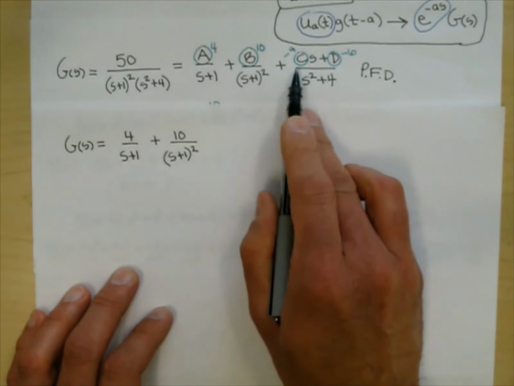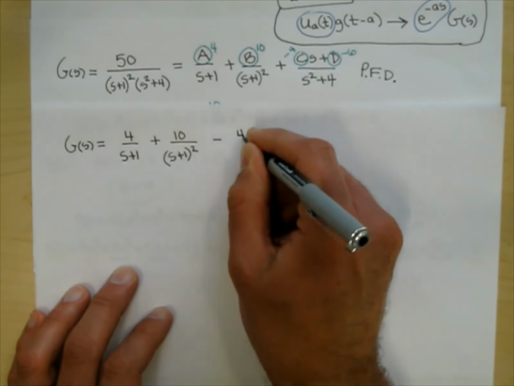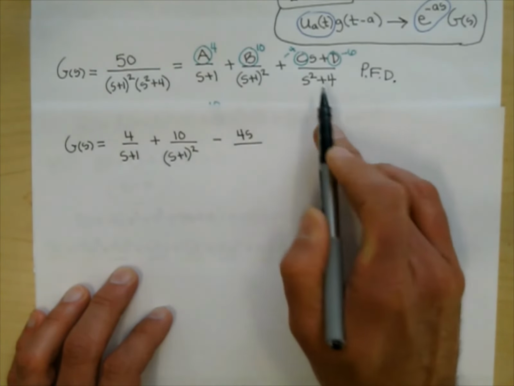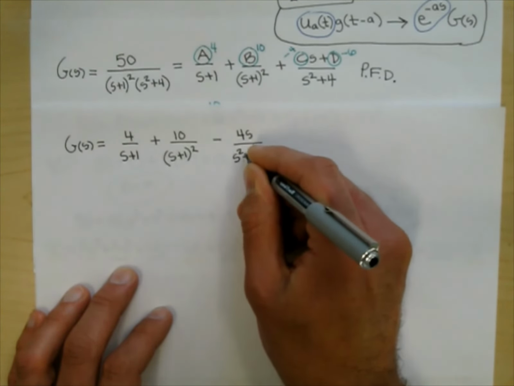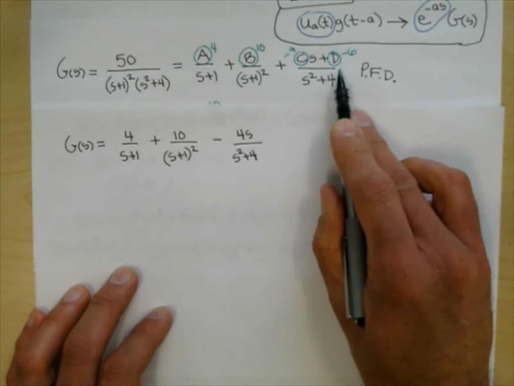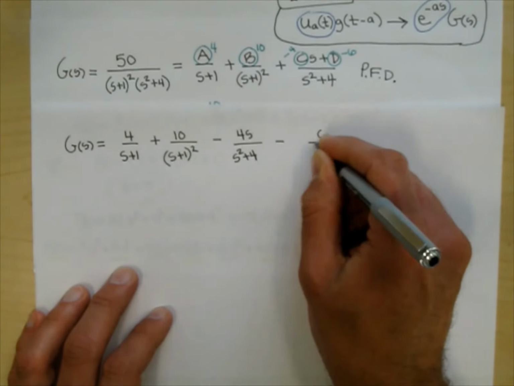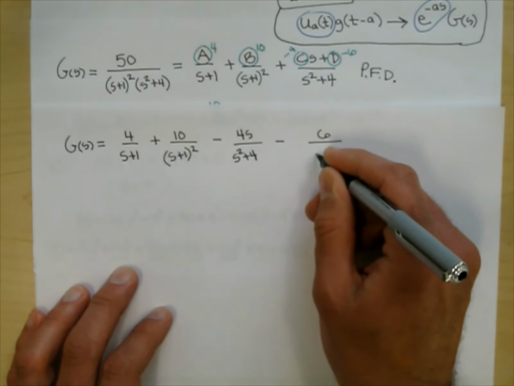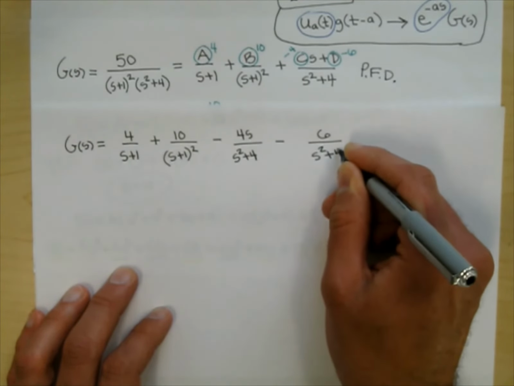And then we have minus 4s over s squared plus 4, I'm splitting this fraction here, and then we have minus 6 over s squared plus 4.